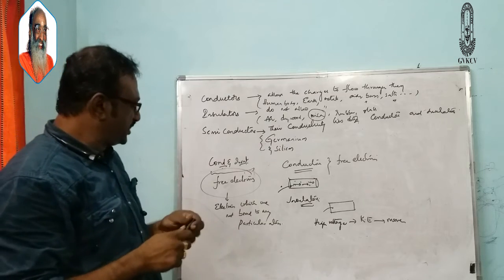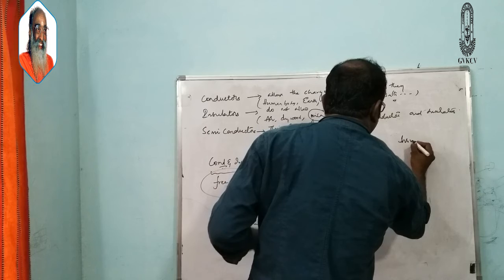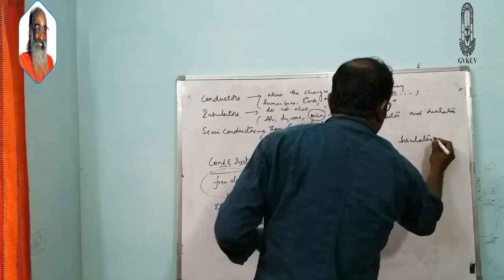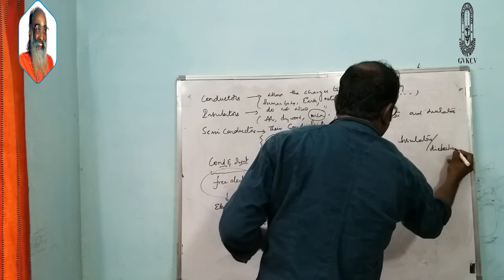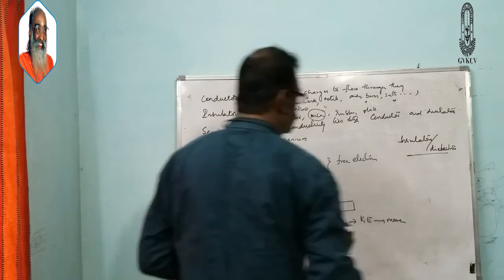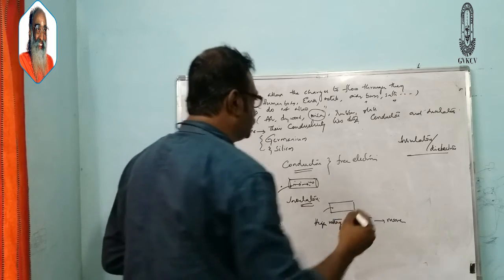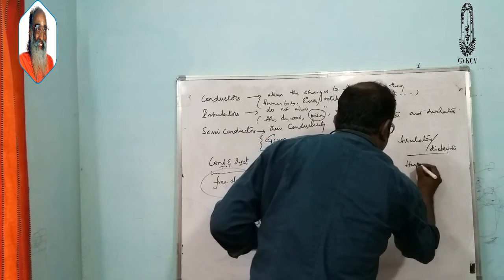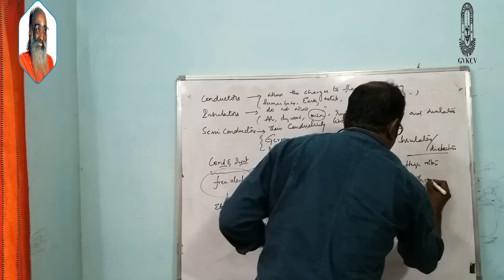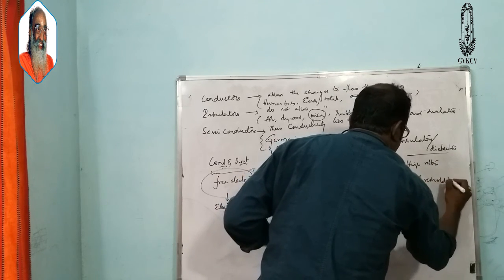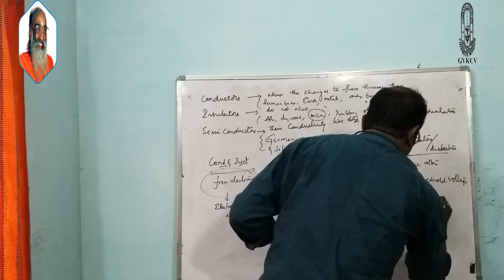So for insulators or dielectrics, whatever you want, you can call them insulators or dielectrics, if you are able to provide a high voltage, we will call it the threshold voltage or breakdown voltage.